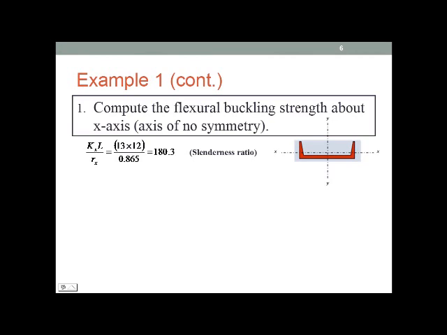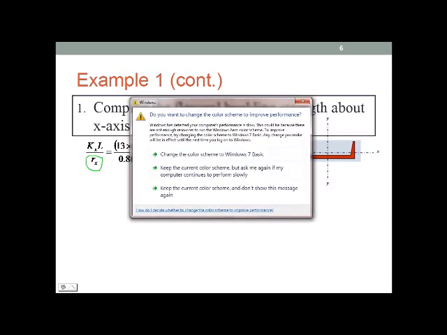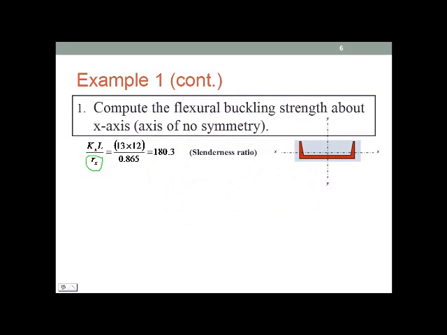Calculate the slenderness ratio KL/r. Since we have switched the axes of the cross-section, rx in this example will be ry in the AISC specifications, and ry will be rx, where r is the radius of gyration of the section.